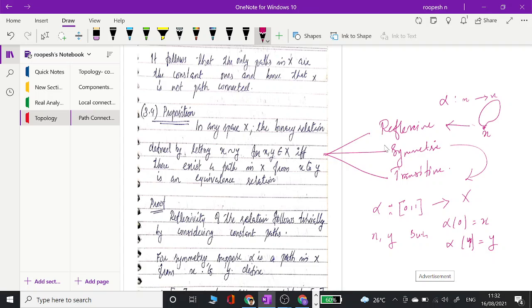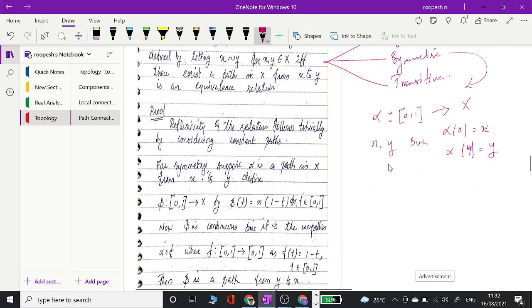So this means from x to y there is a path alpha. Now can you find a path from y to x? That will be beta, a path from y to x. If I can find it, it is called symmetric.